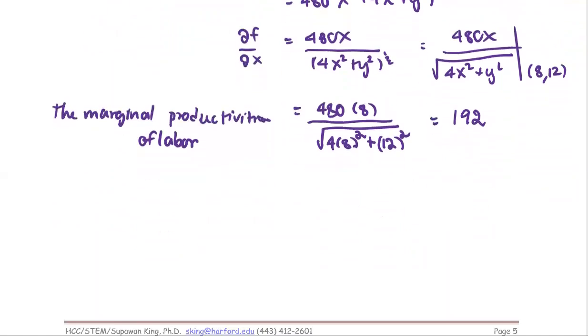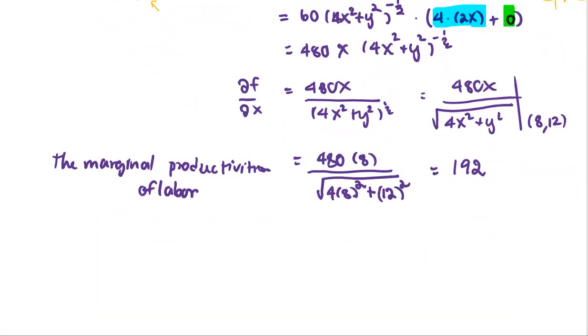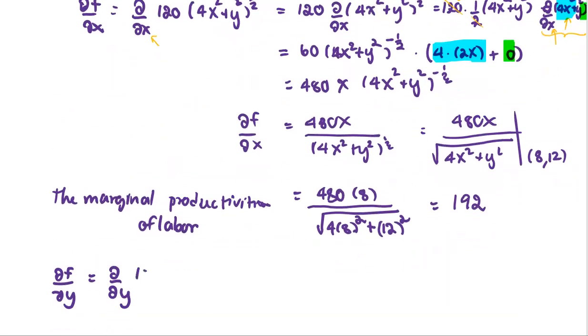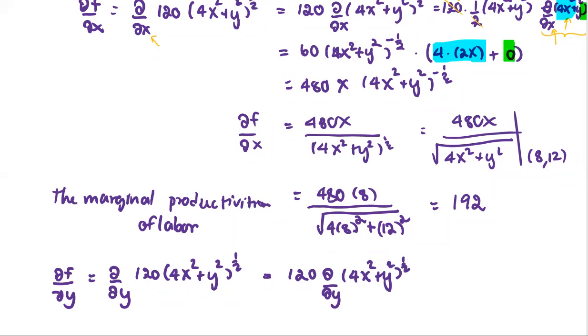Okay, and in the same way, for the marginal productivity of capital, we take the partial derivative with respect to y of the term 120 times the quantity 4x squared plus y squared to the power 1/2. So we treat 120 as a constant multiple, times the partial derivative with respect to y of 4x squared plus y squared to the power 1/2.